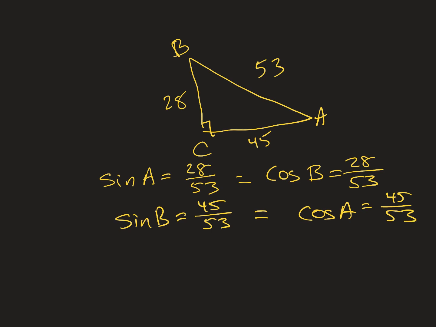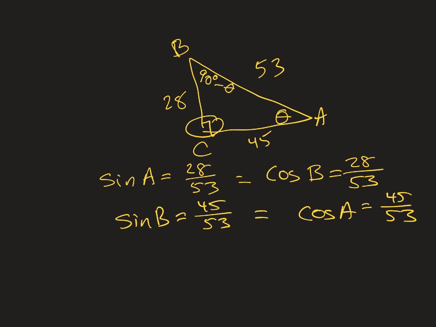Then we also noticed something, I didn't ask you to do tangent or cotangent, but we would have noticed something related with tangent and cotangent. If I look at these angles, if I call this angle theta, then because I know the angles inside a triangle have to add up to 180, and I already have my 90-degree angle, this angle here has to be 90 minus theta.